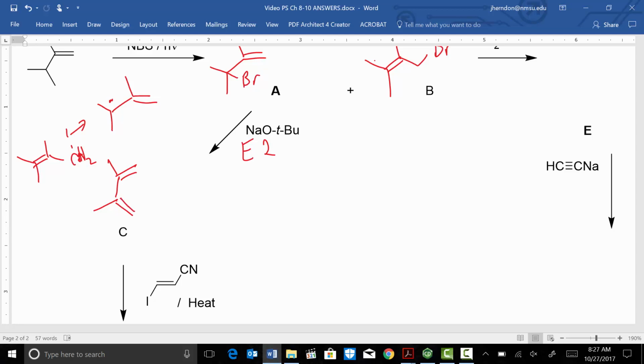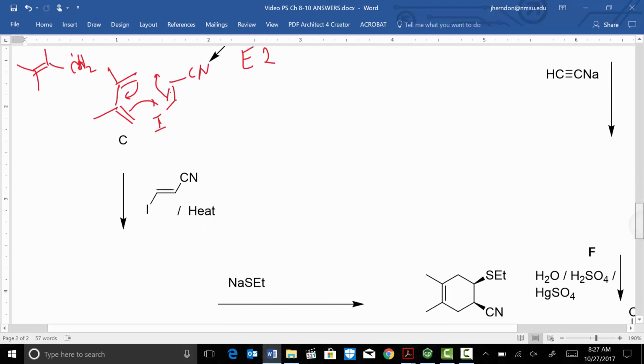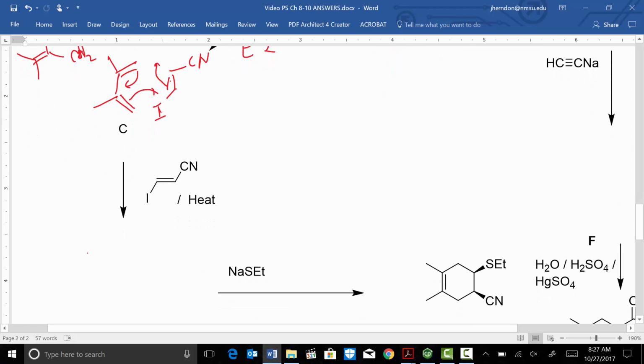Okay, and this gives us C, and it looks like we're doing a thermal reaction here, the Diels-Alder reaction. So in the next step, we're going to turn C into the Diels-Alder adduct. Okay, and this looks like the right thing to do.